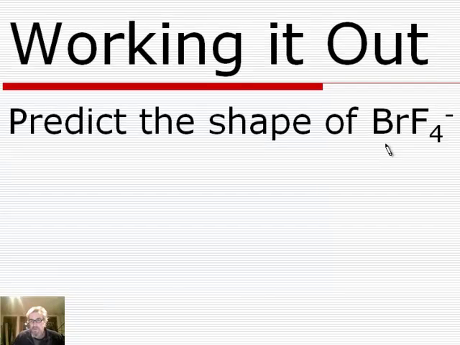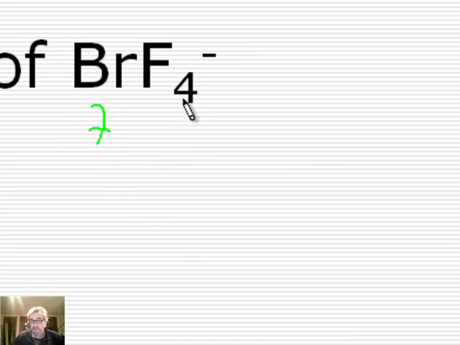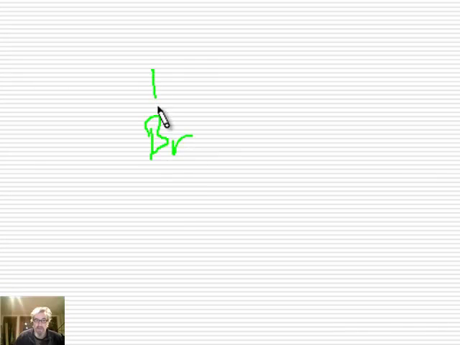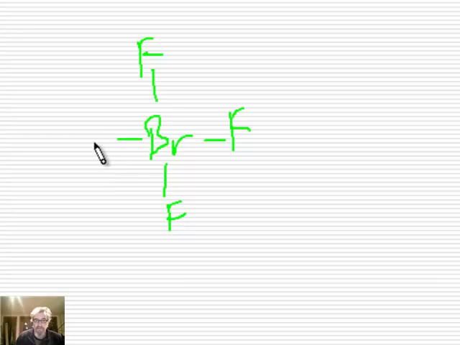Here's your answer. Bromine is a halogen, that's 7 electrons. Fluorine's also a halogen, 7 electrons 4 times is 28. Plus it's 1-, so we add another one. So this gives us a total of 36 electrons in the structure. I'll put Br in the middle, like the formula indicates, and put my 4 fluorines on the outside.